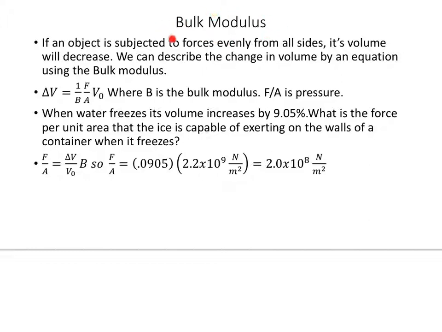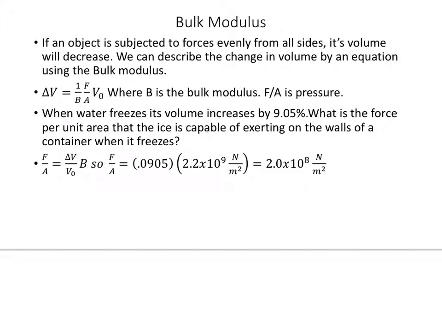Okay, the last kind of modulus we're going to look at is called a bulk modulus. So if an object is subjected to forces evenly from all sides, its volume is going to decrease, and we can describe the change in the volume by this equation that uses the bulk modulus.